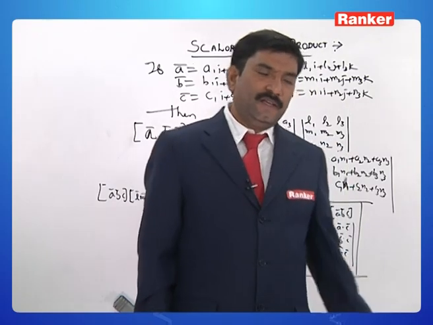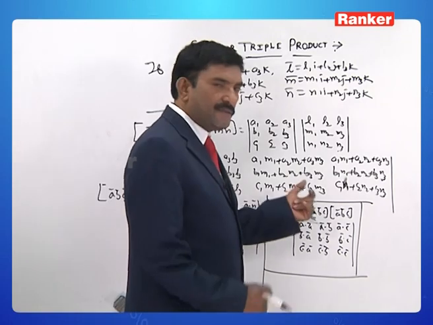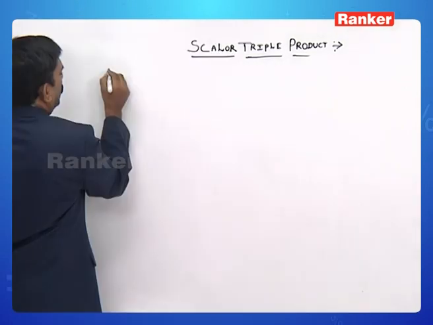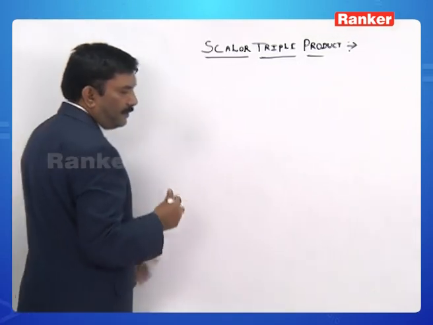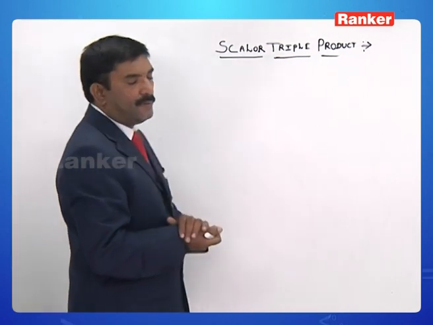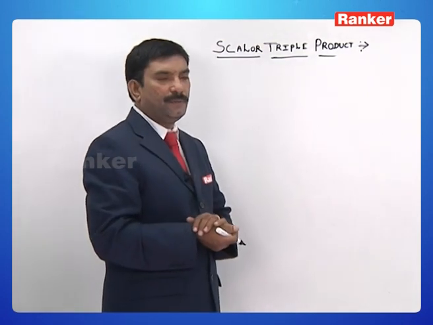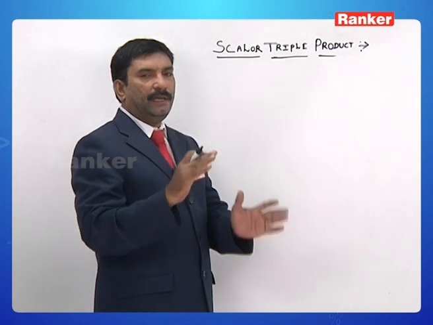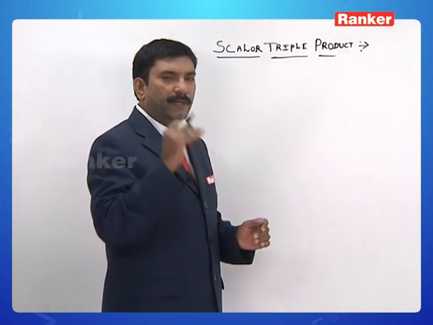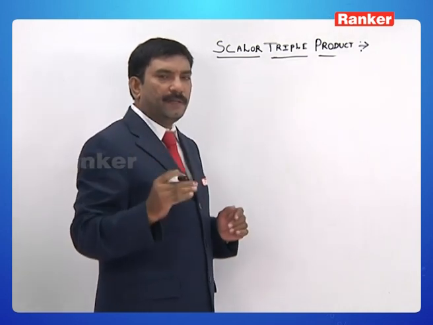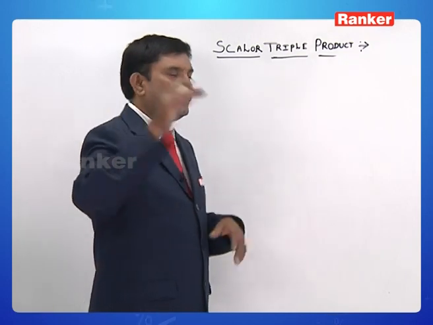Let us see the application of this concept: box of ABC whole square is equal to the determinant of A dot A, A dot B, A dot C, B dot A, B dot B, B dot C, C dot A, C dot B, C dot C.